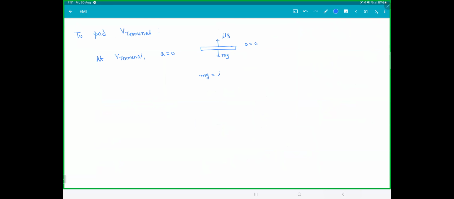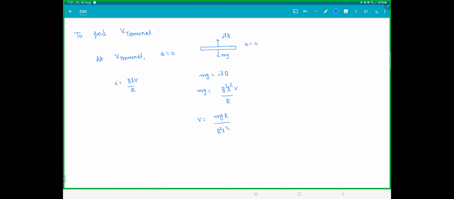We get mg is equal to ILB and I is equal to BLV by R. Substitute. mg is equal to B square L square V by R. The terminal velocity will be mgR by B square L square. That's it.